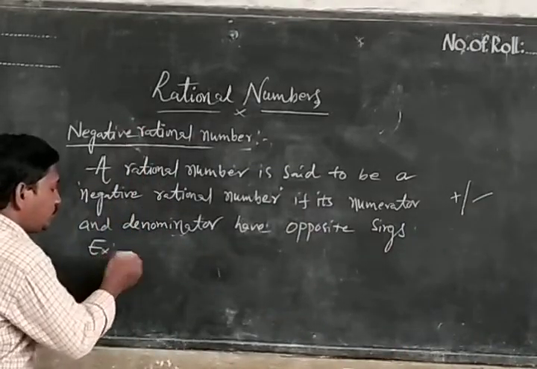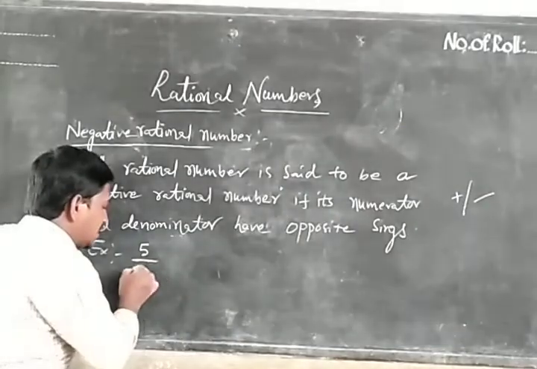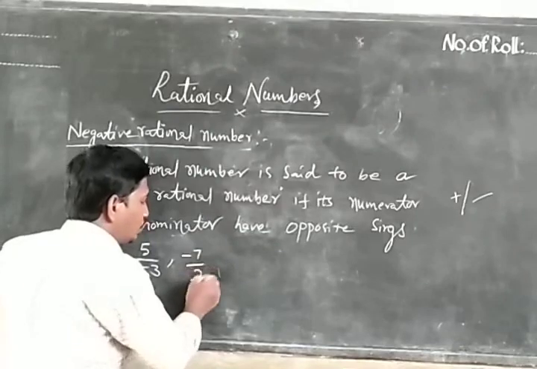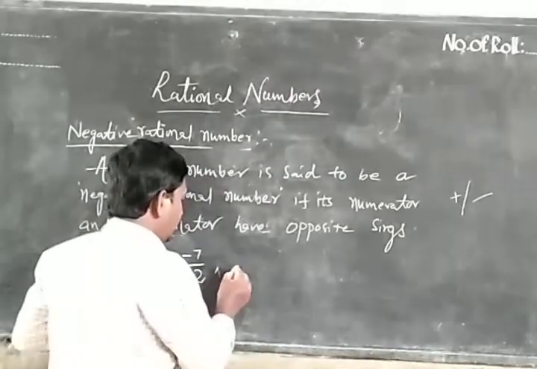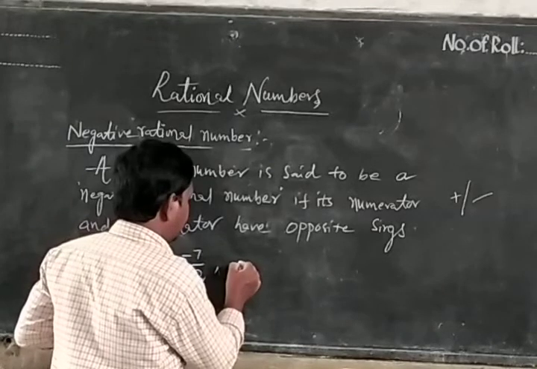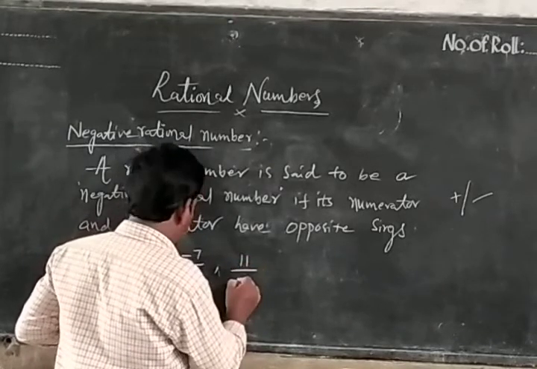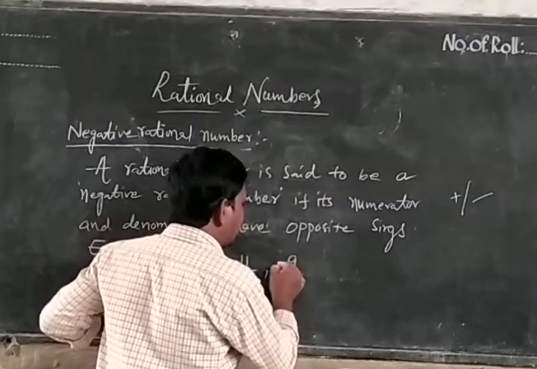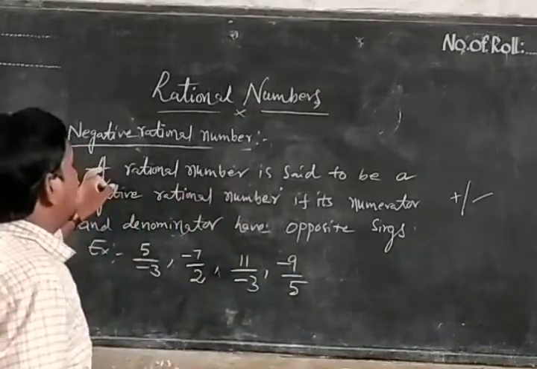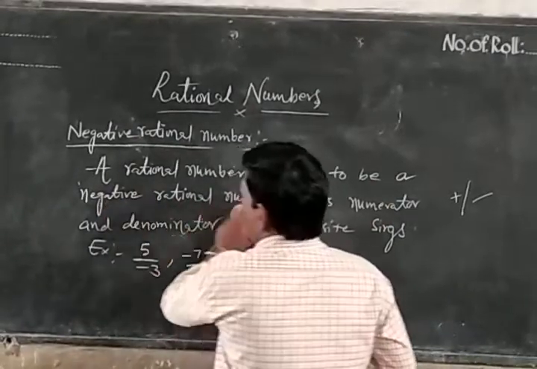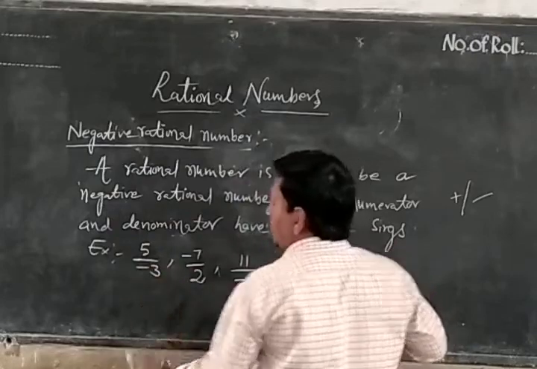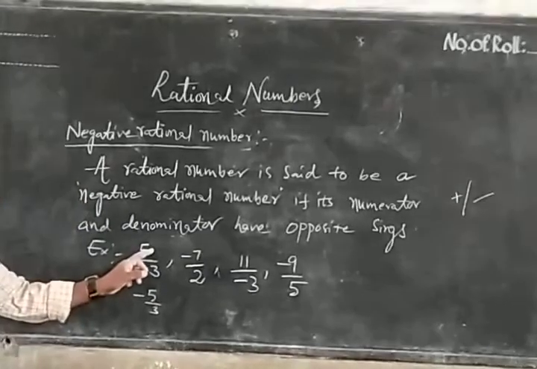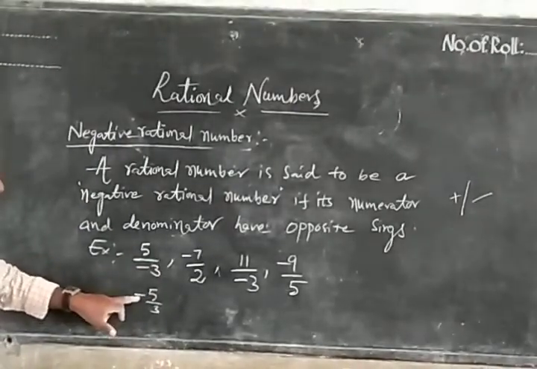Examples: 5 by minus 3, minus 7 by 2, and 11 by minus 3, and minus 9 by 5. Here observe, a rational number is said to be a negative rational number. 5 by minus 3, you can write as minus 5 by 3.